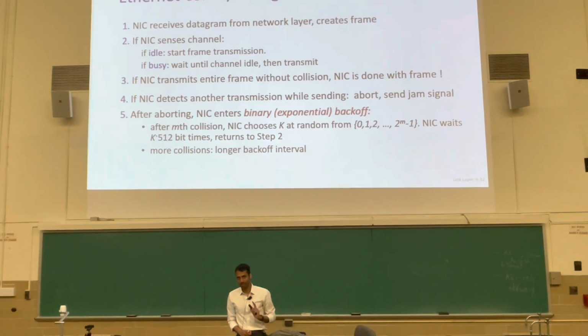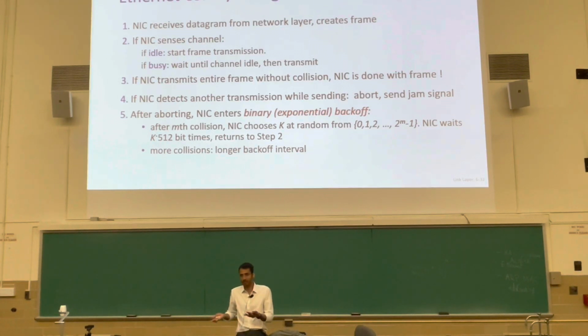And it works as follows. After the mth collision, after m collisions, the NIC will choose a number, K, at random from 0, 1, 2, 3, 4, 5, 6, 7, 8, 9, 10, all the way up to 2 to the m minus 1. So after the first collision, it will choose a number between 0 and 1. So it will wait for either no slots, and try to transmit, or wait for one slot.